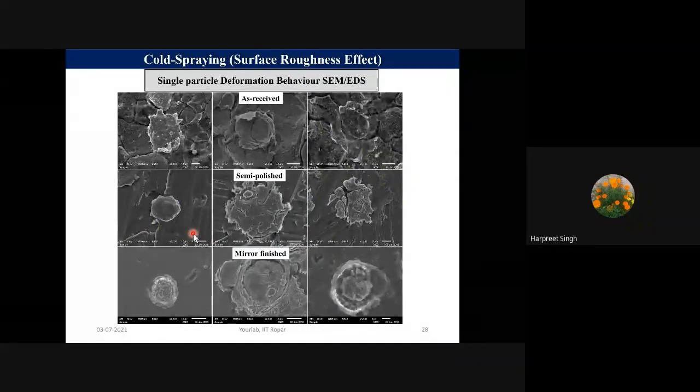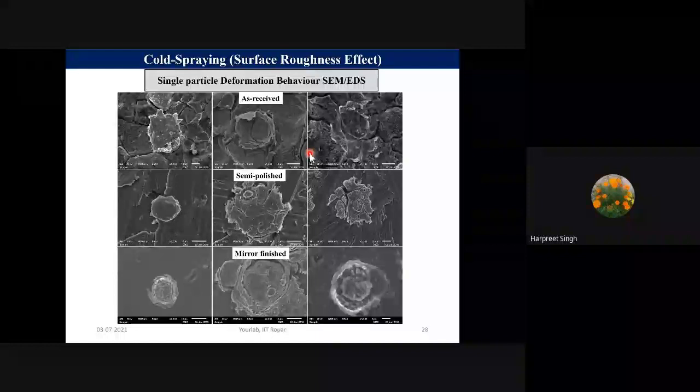Now, another interesting thing which Surinder has done, which I really appreciate, is what they call single particle deformation behavior. This gives very interesting results in the sense that you can get an idea about how one particle is interacting with the substrate.